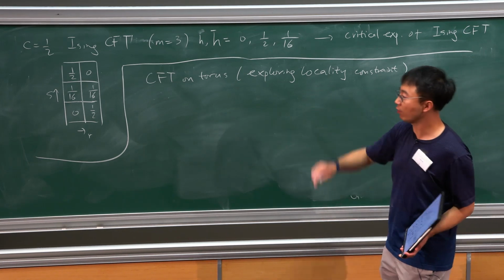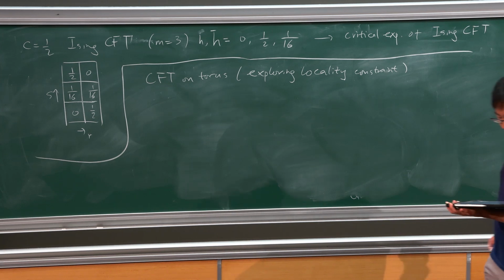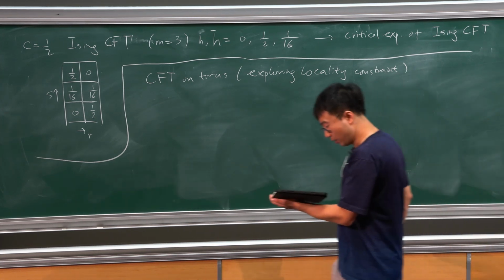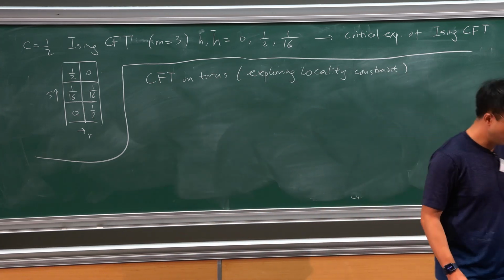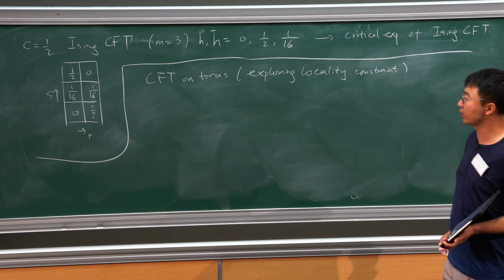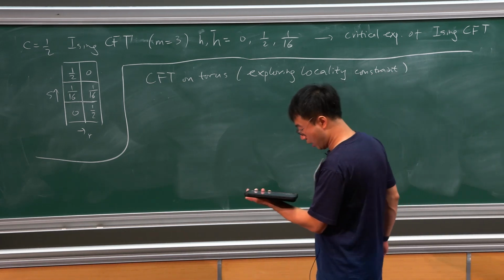Okay? At the level of the torus, as we'll see, this leads to the so-called modular invariance property. And of course, CFTs on the torus are also interesting for other purposes. For example, understanding the CFT at finite temperature, okay, at equilibrium.